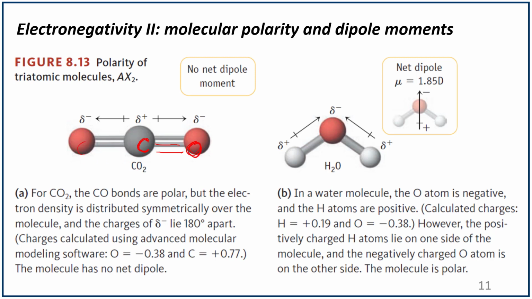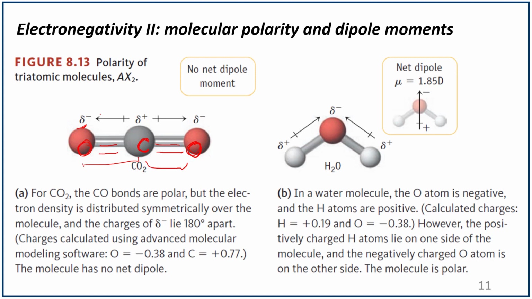Now if we have another oxygen here with another double bond to carbon, this oxygen is also more electronegative than carbon, and you have an electron-rich region here as well. Since these two carbon-oxygen double bonds are identical, their dipoles are equal in magnitude.